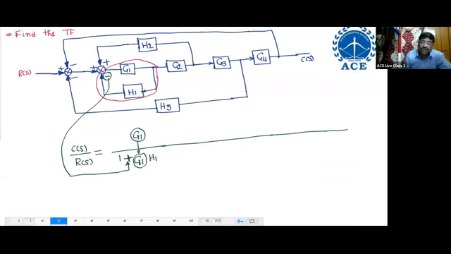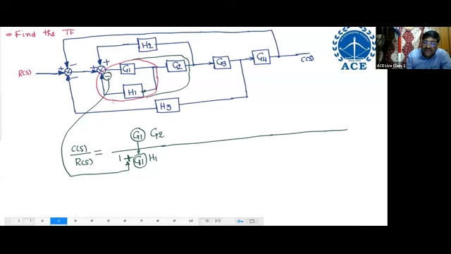Next, this loop is in series with G2. That means it is a product with G2. Now what happens next?